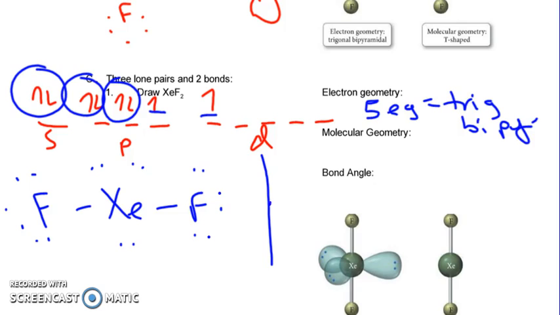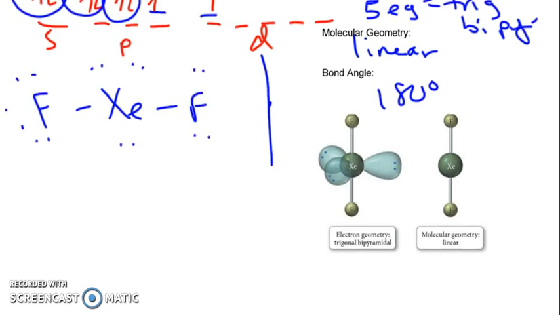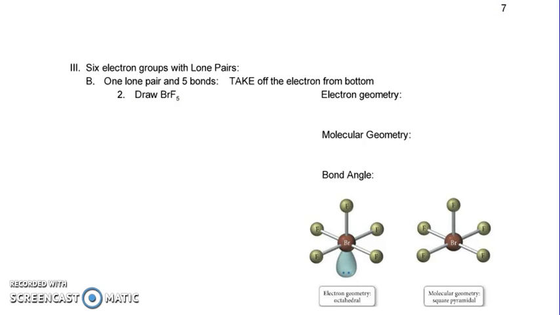So here is my basic shape. How many am I going to take away? How many lone pairs do I have? I have 1, 2, 3 lone pairs. What does it look like? It looks linear to me. And what's the bond angle of linear? 180, as always. Okay, so that would be your 5 electron groups.